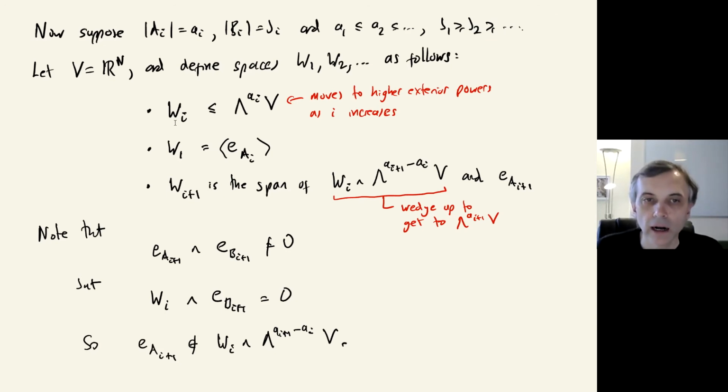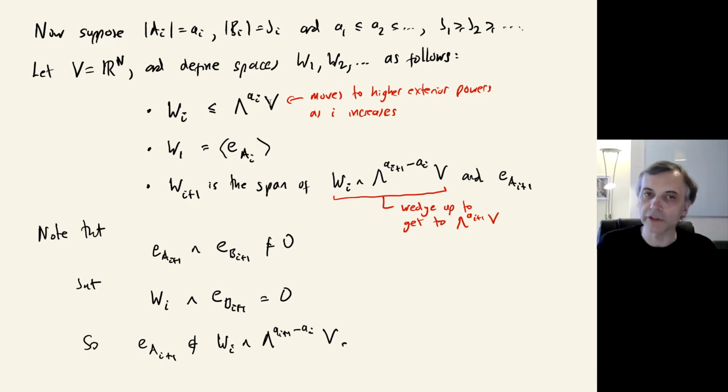So when I throw in A_i, I'm going to be throwing in a set of size a_i. So really, I want to throw in the vector that consists of wedging together its elements, so the basis vectors corresponding to its elements. So I really want something in the a_i-th exterior power.